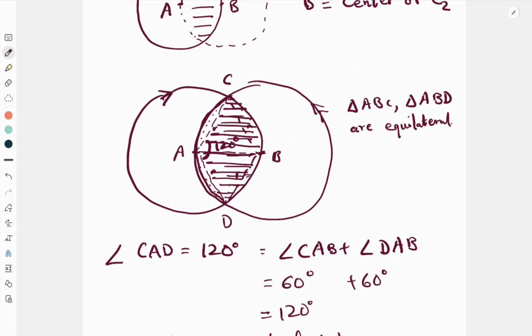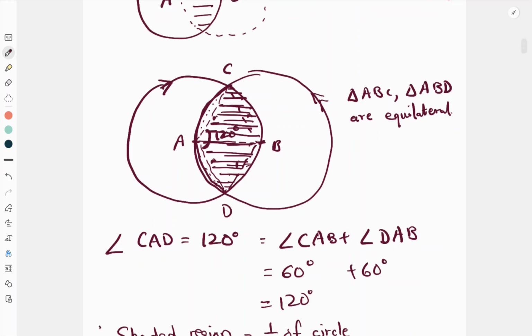The way to approach these problems is to, as we did here, break the given area into smaller regions that we can calculate areas of. We can calculate the area of a sector of a circle, or of an equilateral triangle, or a rectangle, or a rhombus. These areas are easier to calculate. So we want to break the given area into smaller chunks that are easier to manage, and then calculate their areas.